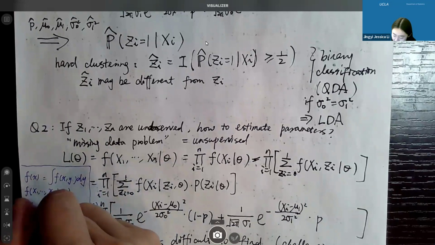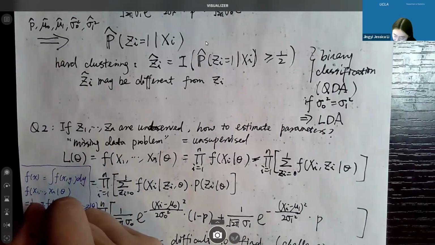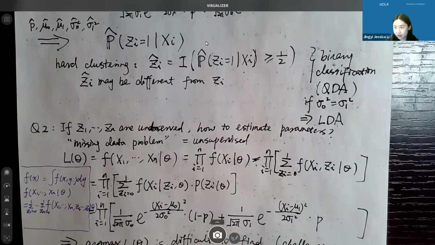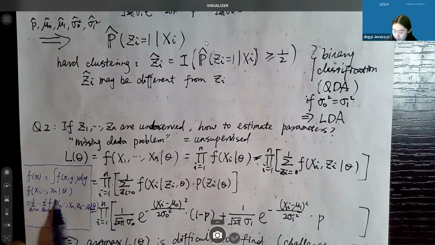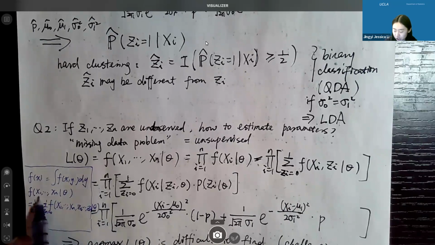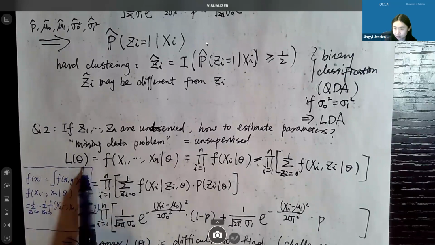So here, let's say z1 can be 0 or 1, and zn can be 0 or 1. For z1 to zn, we have n of them. Each has 2 possible values. So this sum is actually over 2 to the nth possibilities for z1 to zn. If we add them up, then what we are left with is just the joint density of x1 to xn given theta. And that's our likelihood of theta.